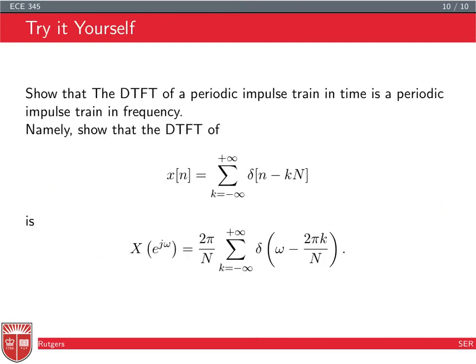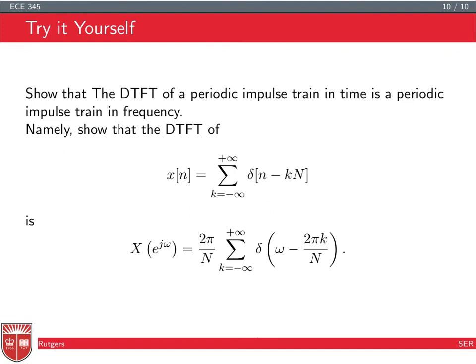At the end of this lecture, I have a do-it-yourself exercise, and the exercise is to show that the DTFT of a periodic impulse train in time is a periodic impulse train in frequency of the same form.